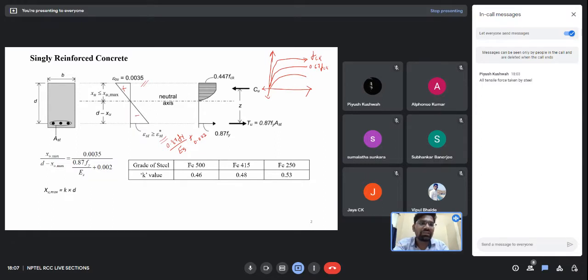Now we will be applying the partial factor of safety to this. We have studied all of this in the previous class, so if you have seen it, it would be more familiar for you. So what is the partial factor of safety for concrete? Come on, put it in the chat box. 1.15?